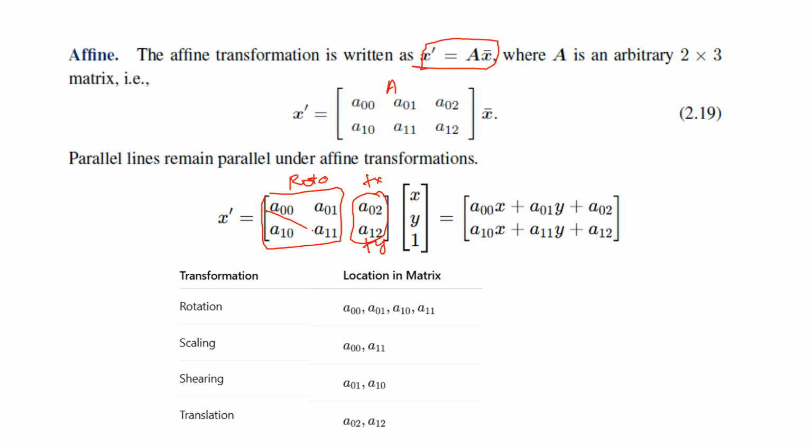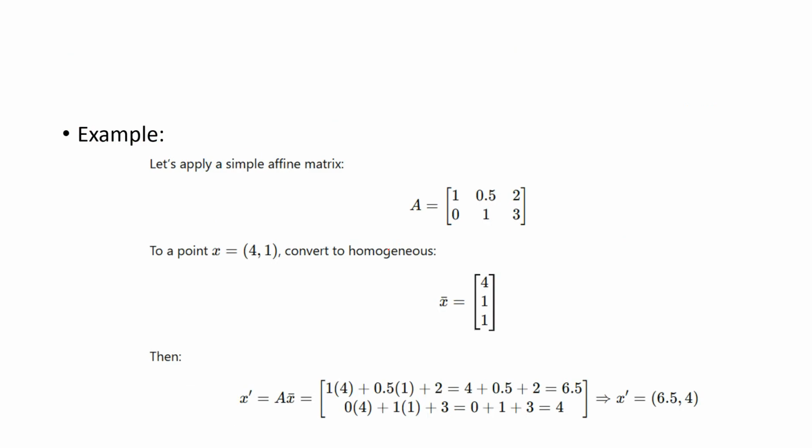A00 and A11 represent scaling. This represents shearing. So the entire matrix is divided to perform all four operations. On applying this to the homogeneous vector, we get A00 x plus A01 y plus A02, because the last one is 1. Similarly, A10 x, A11 y, A12 into 1.